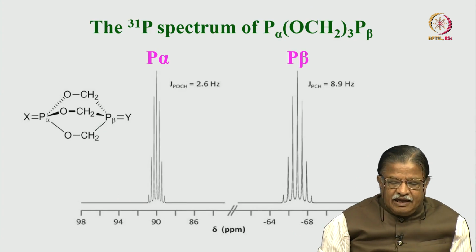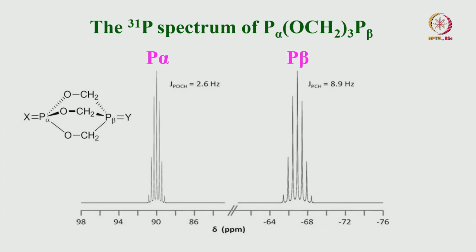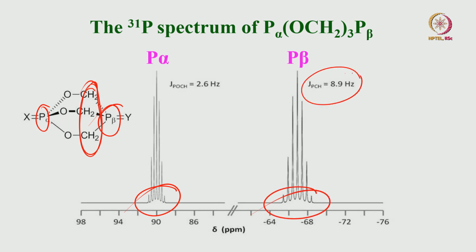Okay. Simple other molecule. Here only one type of proton is there, CH2s, but there are 2 phosphorus, P alpha and P beta. See, this P alpha can couple to all the 6 protons which are equivalent. It will be a 7 line pattern from the same 2nI plus 1 rule, and P beta also can couple to all the 6 chemically equivalent protons, giving rise to a 7 line pattern, but the coupling strength is slightly different. This is close to 9 hertz, this is close to 2.5 hertz.